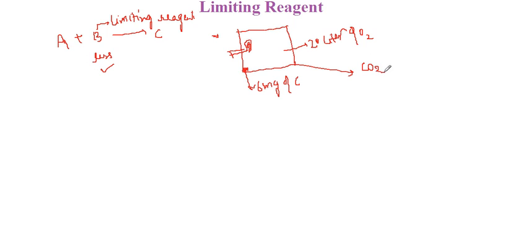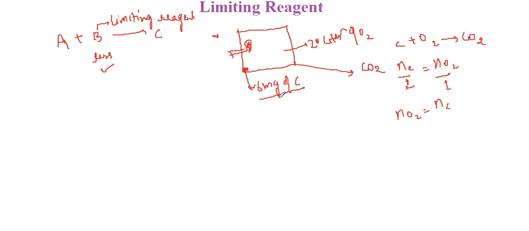That depends on the carbon, because in the reaction C plus O2 forming CO2, moles of carbon divided by 1 equals moles of oxygen divided by 1. So the moles of oxygen required equal the moles of carbon. With 6 moles of carbon, that much oxygen only we require.